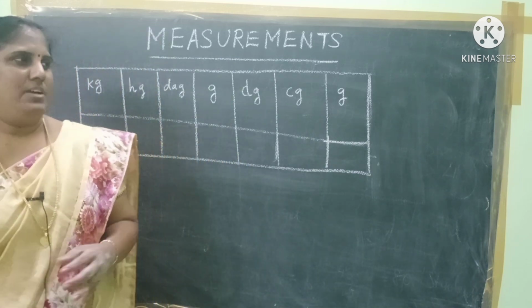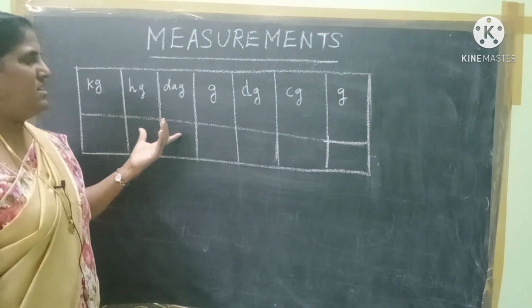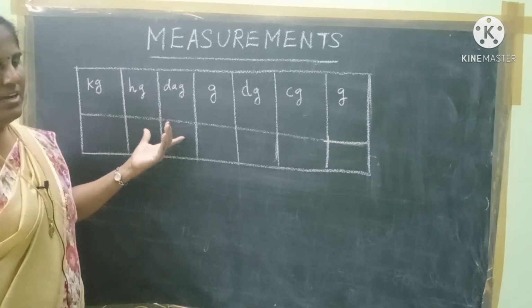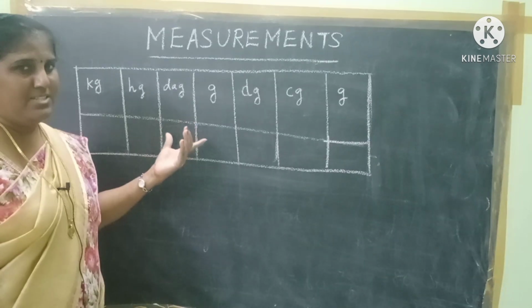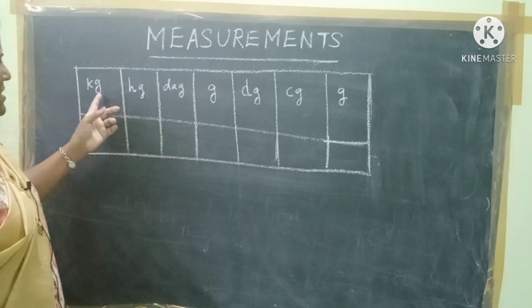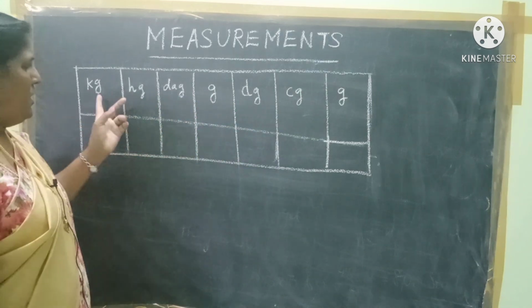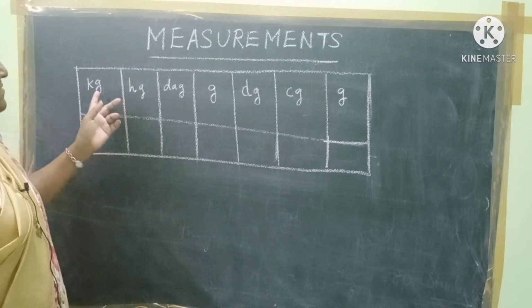Okay. Then, you will see this also. What is this? This is the metric table chart. See, here I have given G for what? Gram, kilogram. So all the tables are the same.